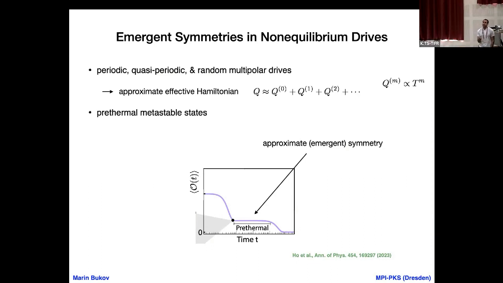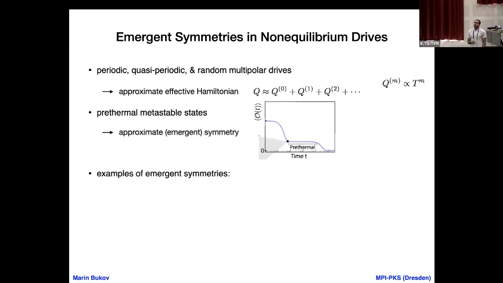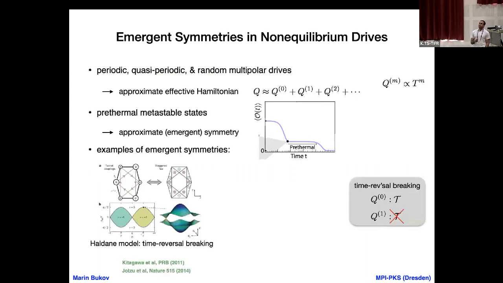The interesting thing in relation to the symmetries is that these objects can actually exhibit certain symmetries. These would be emergent symmetries, and I'd like to give you a couple of examples that hopefully some of you will be familiar with. The first example is now more than 10 years old. It is the so-called Floquet realization of Haldane's model.